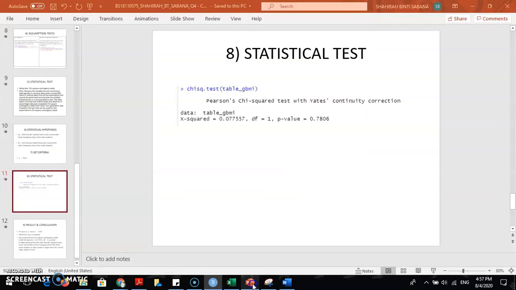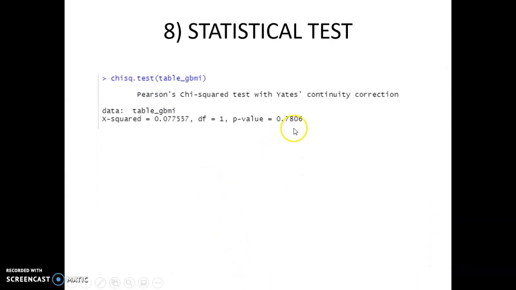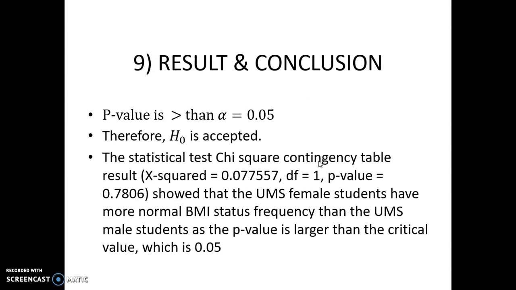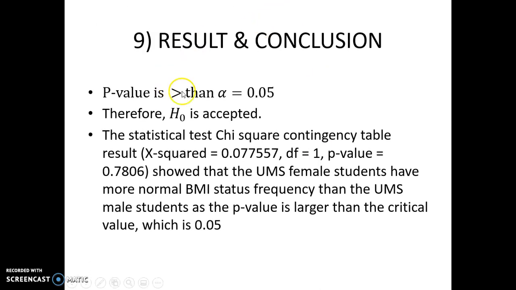Moving on, as we already know, the p-value, which is 0.7806, is larger than the critical value that we set earlier, which is 0.05. So the result shows that the p-value is larger than the critical value. Thus, we accept the null hypothesis.